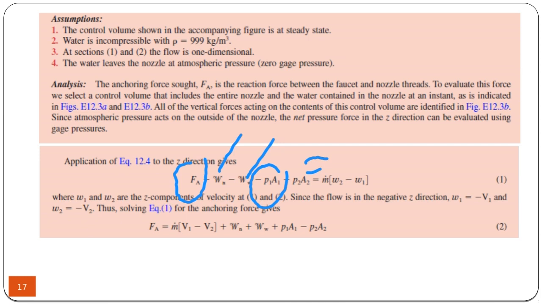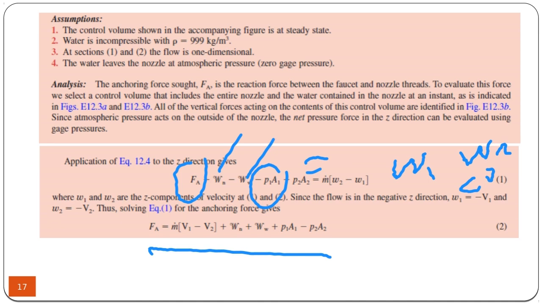And as we know, both W1 and W2 are in the negative direction, so they are both negative. So if you put everything in the formula, you get the pushing power from the nozzle on the faucet to be as this.